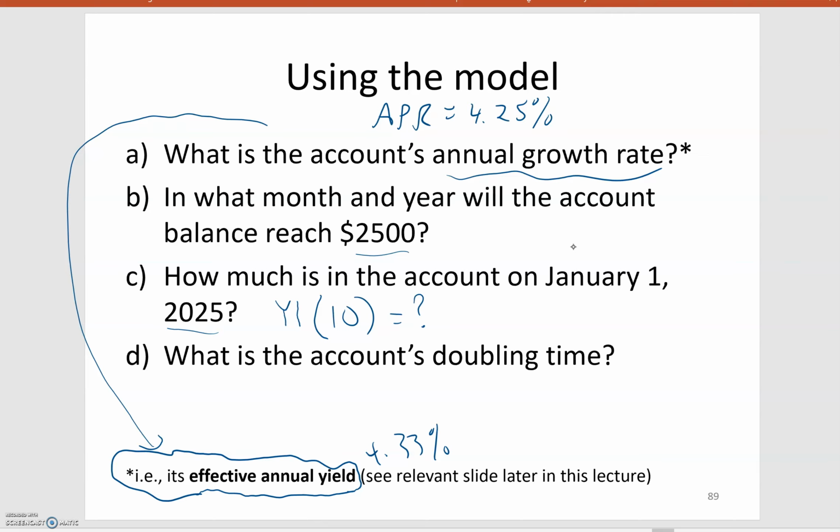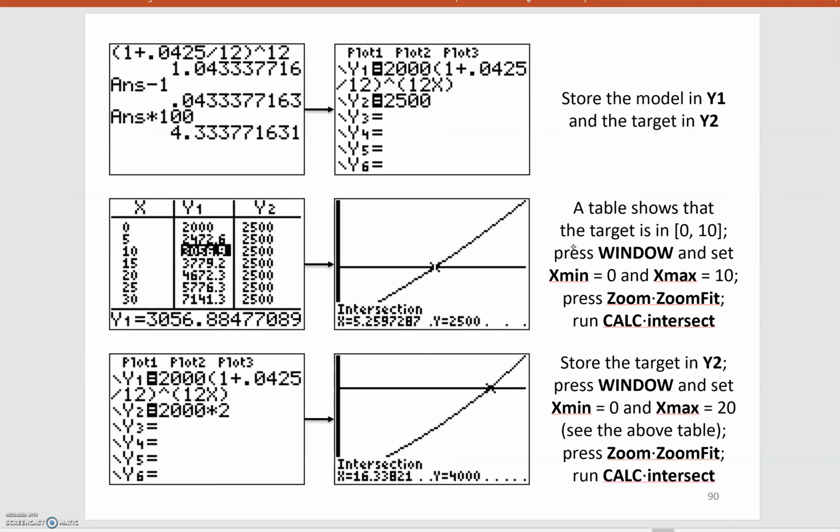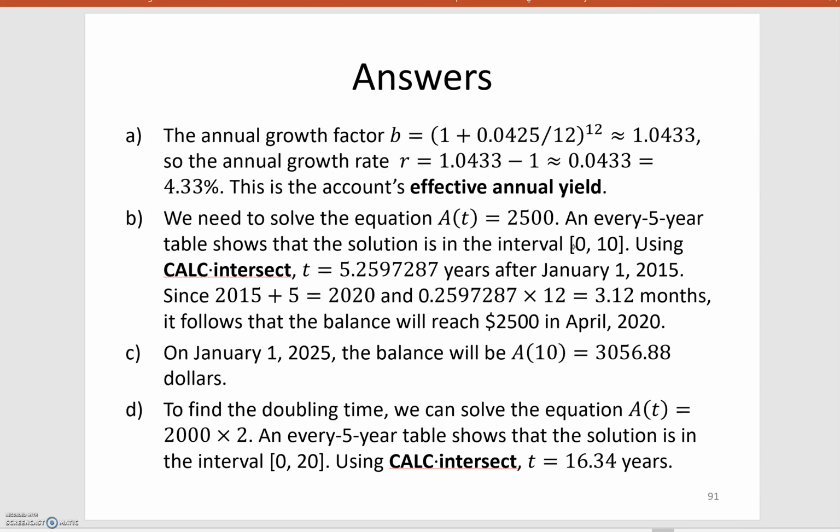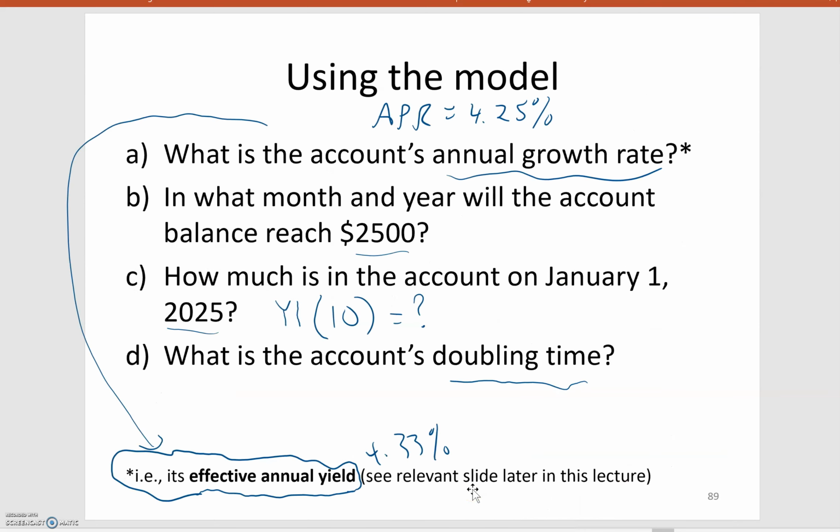Finally, what is the account's doubling time? Once again, this is the same sort of question that we've had before. And what I would do here to find the doubling time is take my model and enter it into y1. We certainly haven't used it already a bunch, so it should already be there.